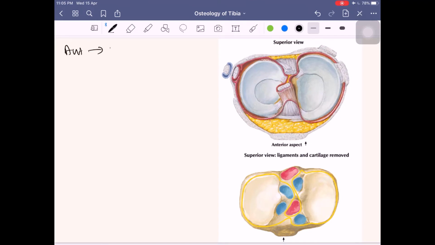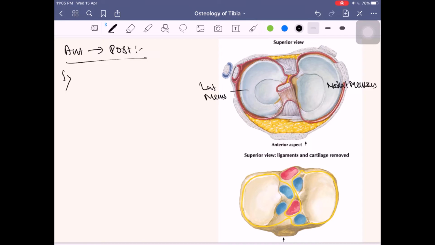From front to back, if you go in this intercondylar area, the 6 structures which are attached are, if you notice, this one we already called the medial meniscus, and this one is the lateral meniscus.